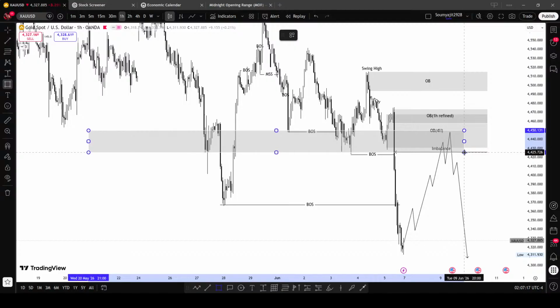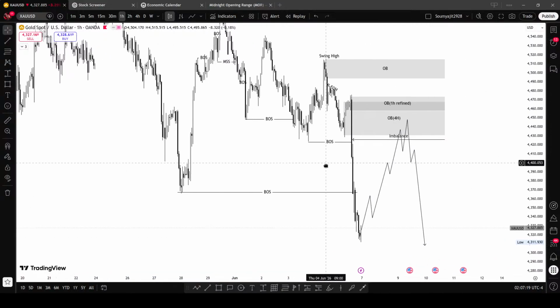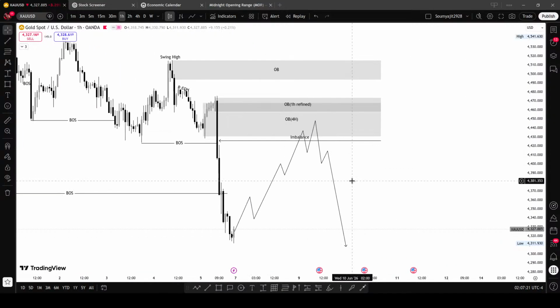From a support and resistance perspective, this is still also good. Okay, now that is done.